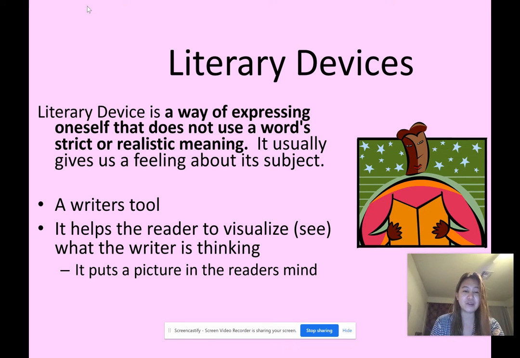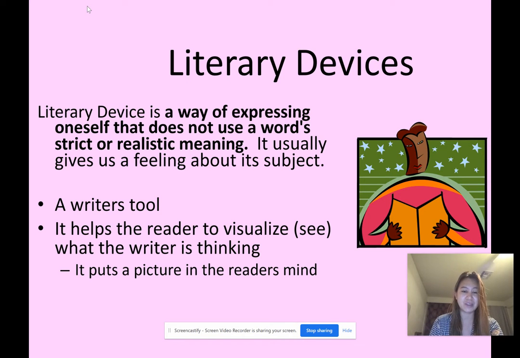It's a writer's tool, and it helps the reader to visualize or see what the writer is thinking. It's not the direct definition that the writer wants to tell us, but through literary devices, the author wants us to see the meaning through his lens.